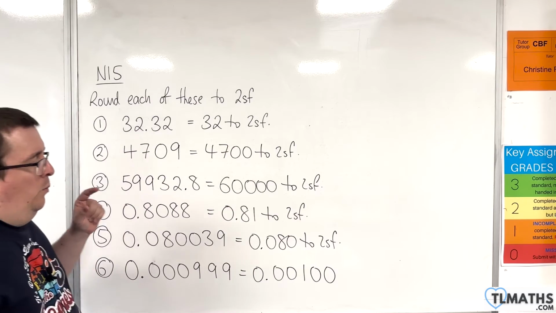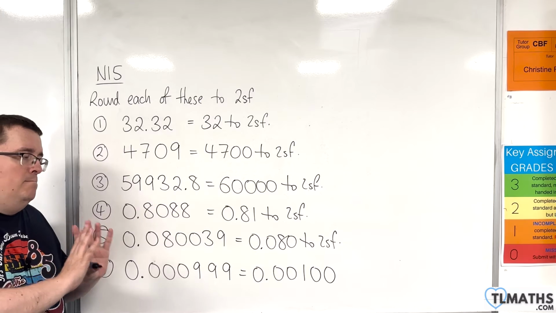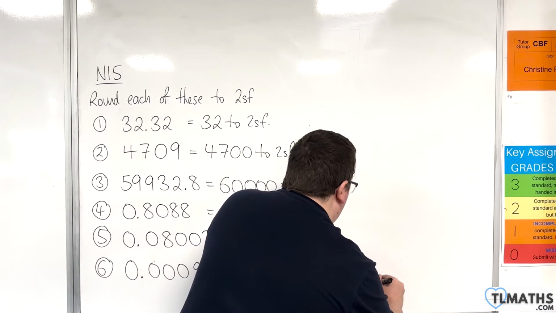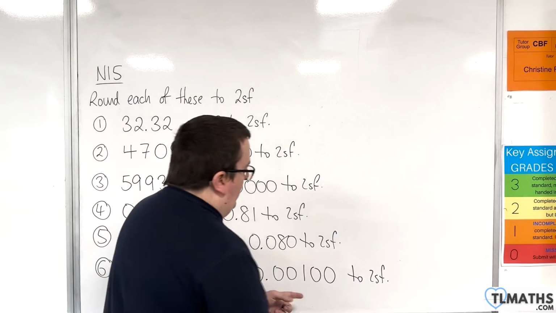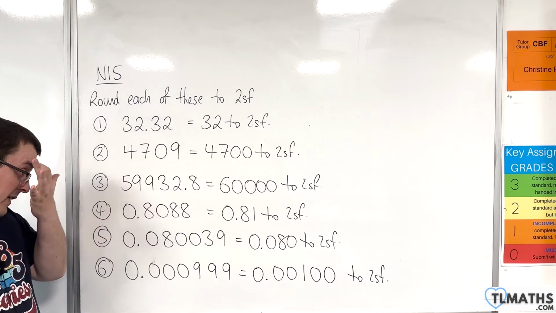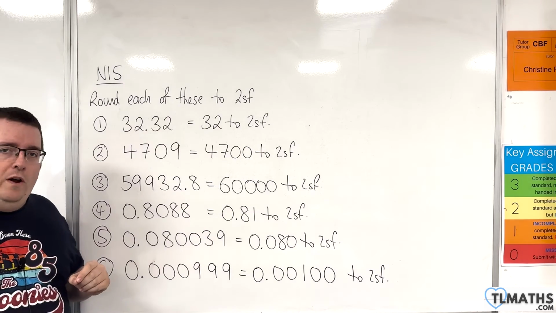However, what we're writing down doesn't really make much sense in context if I write this to two significant figures, because what I'm saying there is the two significant figures here are both zeros, but that's not quite right.